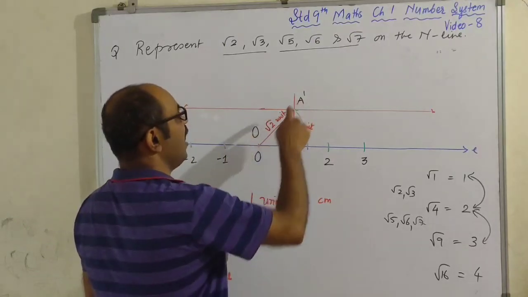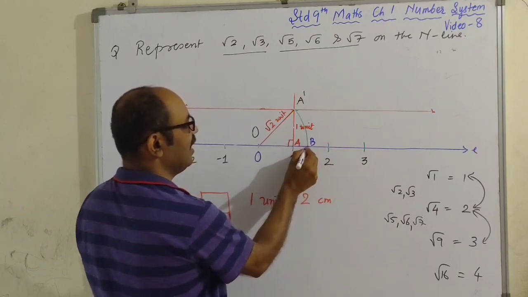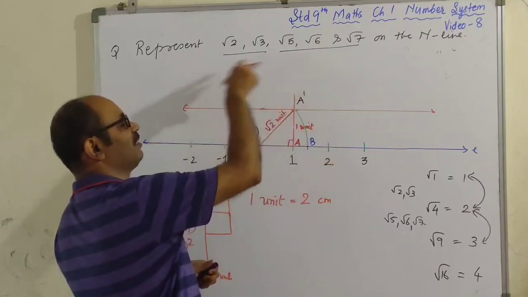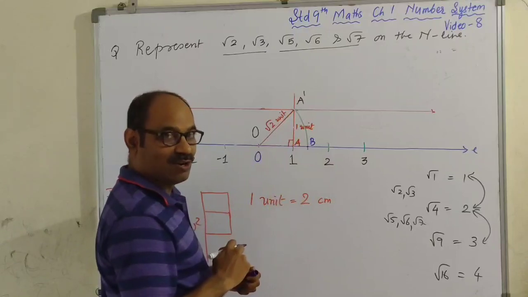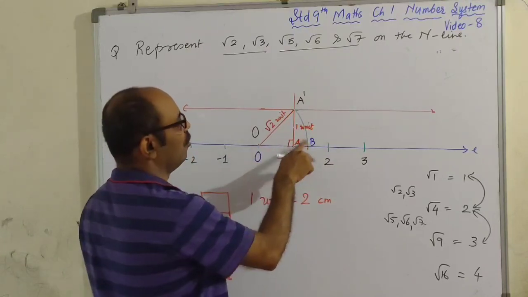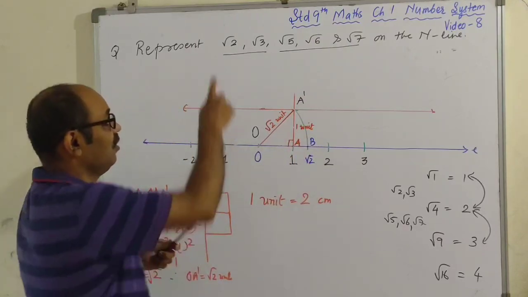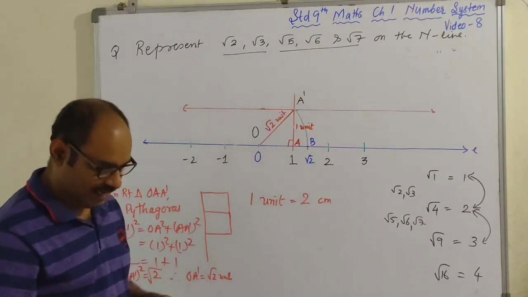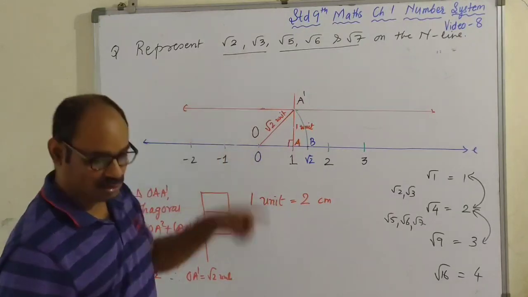Children, OA dash, and this new point I'm getting, I'm going to call it B. OA dash and OB are the radii of the same circle with center O and radius root 2. So OB is also root 2 units. O is origin corresponding to 0. So root 2 will correspond to B. So we got root 2 on the number line. Can you see it is between 1 and 2? Correct. Now we'll see how to obtain root 3.